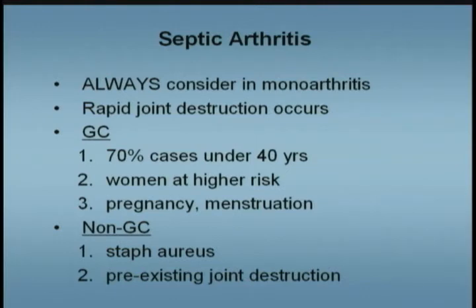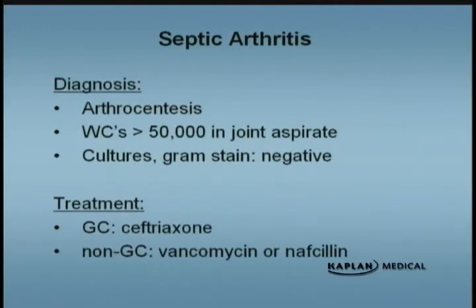They usually have pre-existing joint destruction, like from rheumatoid arthritis or osteoarthritis. The diagnosis is made through arthrocentesis, where we show white cell count of over 50,000 in the joint aspirate. That's diagnostic. Please remember, the cultures and the gram stain are usually negative.